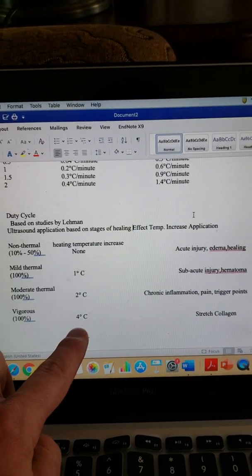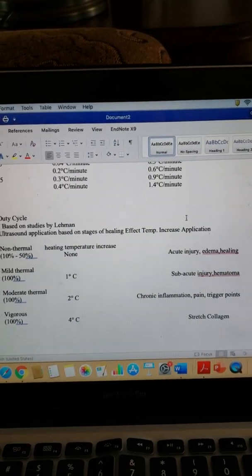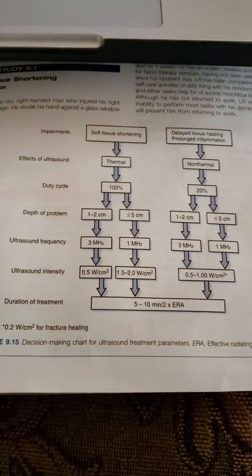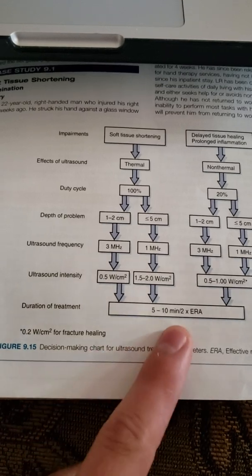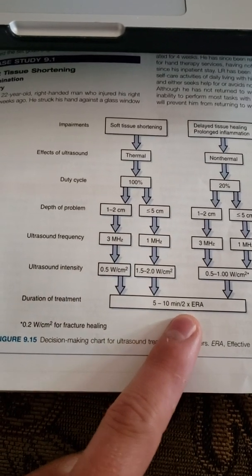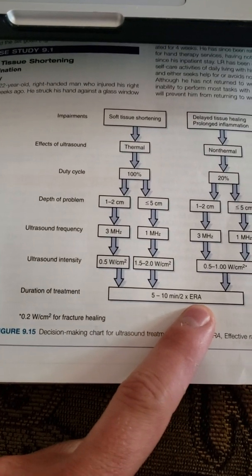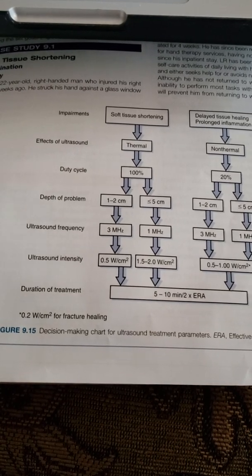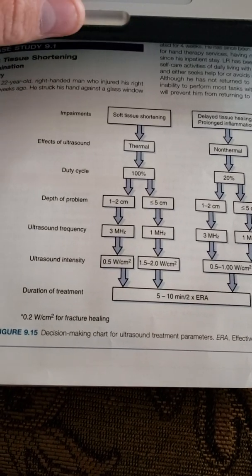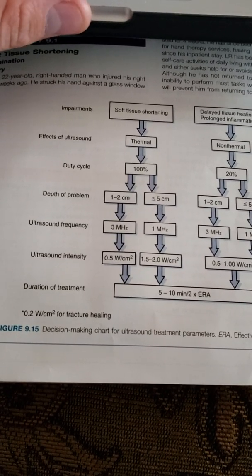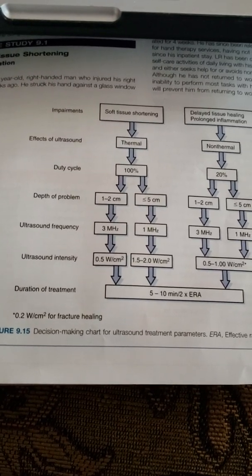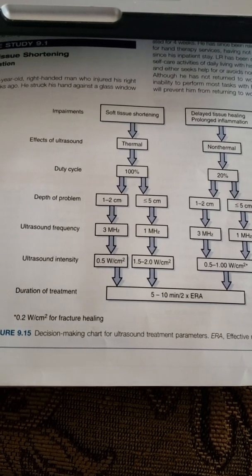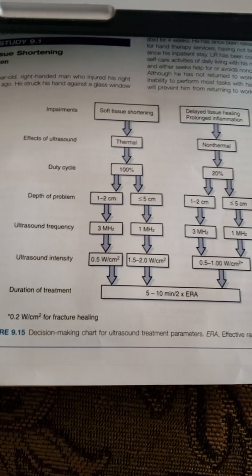And if we want to increase it to 4 Celsius, we're going to be stretching collagen. As we see here, the duration of treatment is going to be 5 to 10 minutes, and we want it only 2 times greater than the effective radiating area of the transducer head that produces the sound waves for the ultrasound.